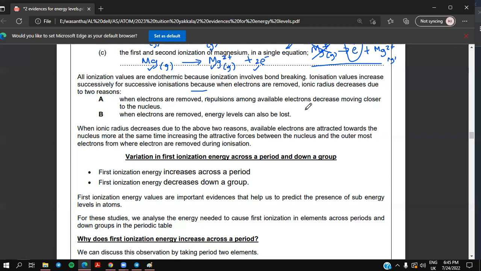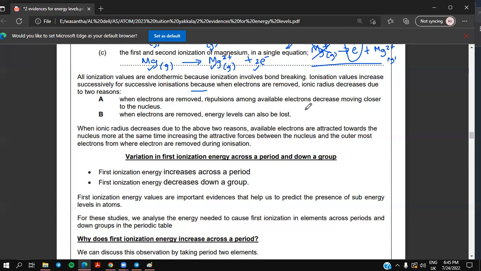You get it? When you remove electrons, if there is an atom with some number of electrons, if you remove one electron, the number of electrons will decrease and the electron density will decrease. If the electron density decreases, repulsion decreases. So electrons can come a bit closer to the nucleus.